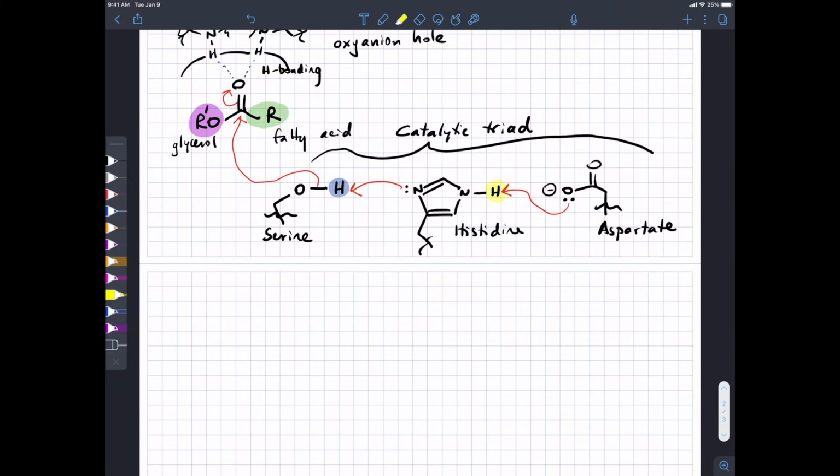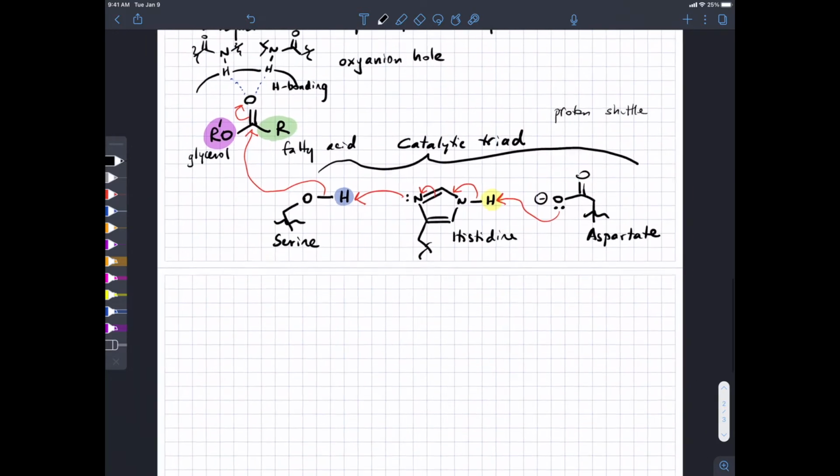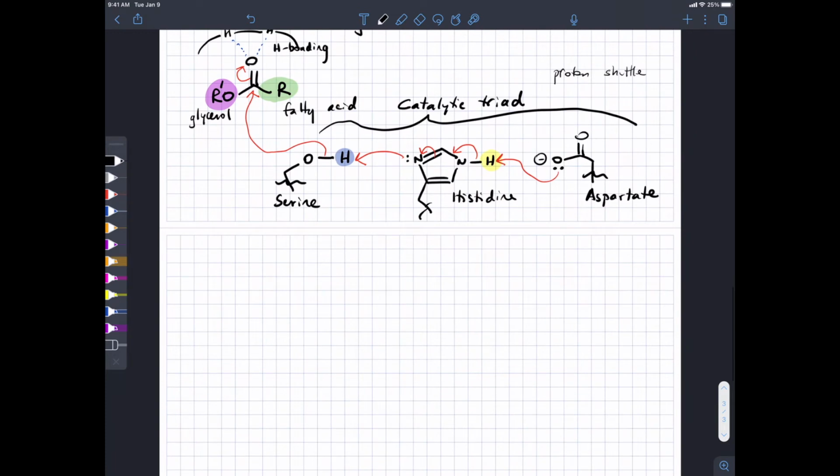The aspartic acid side chain removes that other proton from histidine, and that allows for the nitrogen here to be nucleophilic enough to remove the proton from serine. So you have this relay of protons. Sometimes this catalytic triad is called a proton shuttle, but it's all about making this serine nucleophilic enough to attack the carbonyl carbon.